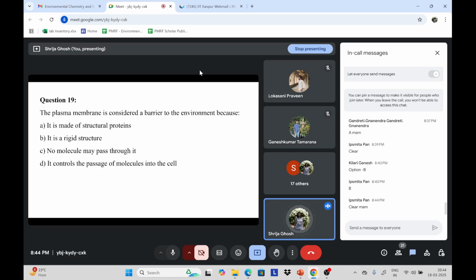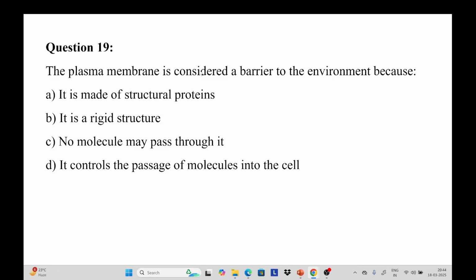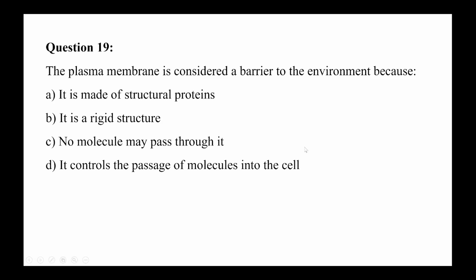The plasma membrane is considered a barrier to the environment because option A, it is made of structural proteins. Option B, it is a rigid structure. Option C, no molecules may pass through it.